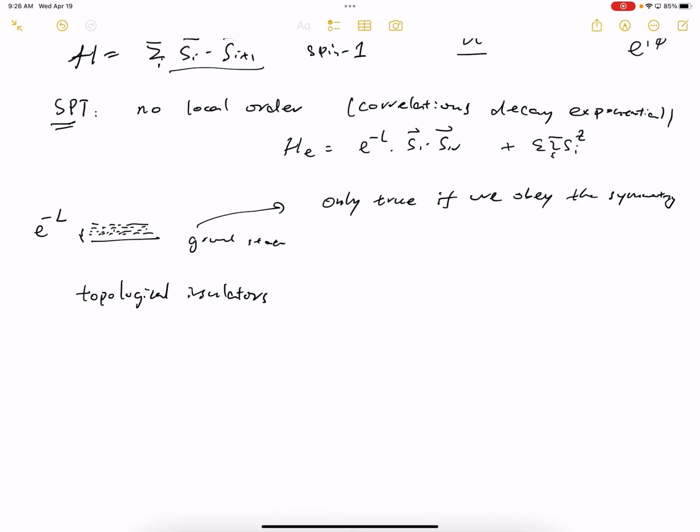Most of the perturbations in a real material are going to obey this time reversal symmetry, but there's one exception. Time reversal symmetry can be broken simply by a magnetic field. One way to think about it is that a magnetic field is an axial vector, and that is always going to be different under time reversal.